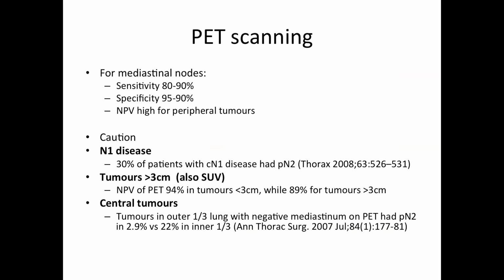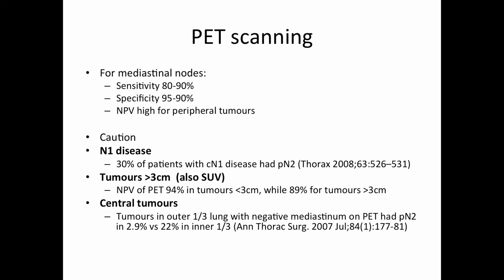The reason we're doing it has probably changed a little bit over the years. Certainly mediastinoscopy, when I was a trainee, was a lot more common. And then we got the introduction of PET scanning. So historically, we were looking at CT scans with a lymph node greater than 1 centimeter to give us an indication of when we wanted to do a mediastinoscopy in the setting of a lung tumor.